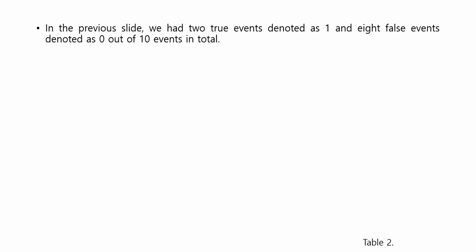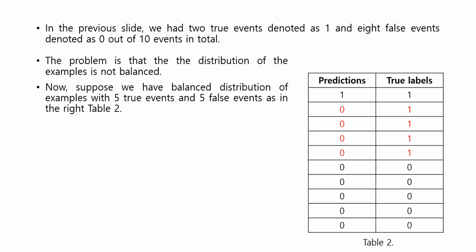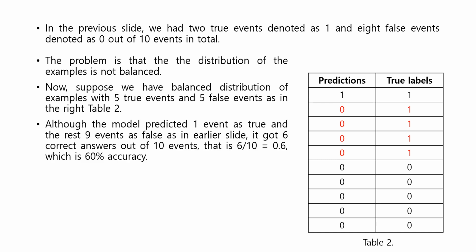In the previous slide, we had 2 true events denoted as 1 and 8 false events denoted as 0 out of 10 events in total. The problem is that the distribution of the examples is not balanced. Now suppose we have a balanced distribution of examples with 5 true events and 5 false events as in the right table 2.